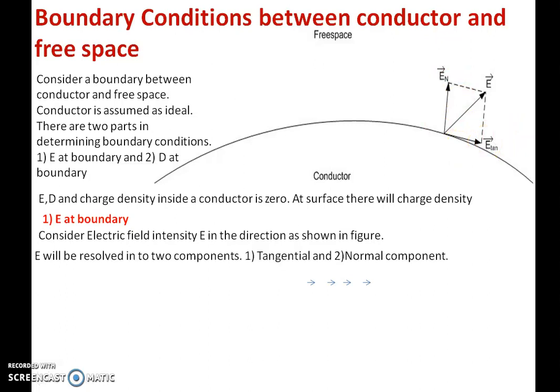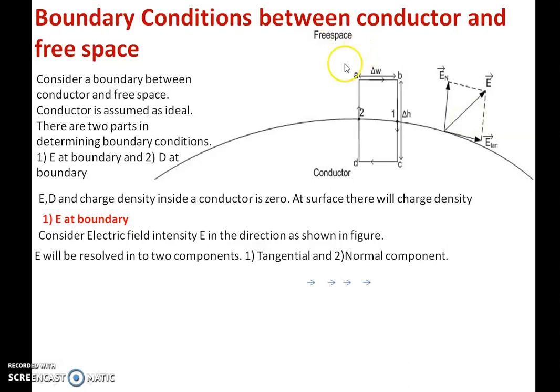Now to find the normal component and tangential component of this electric field intensity, I will use a closed path. I will use a closed rectangular path as shown in this figure.